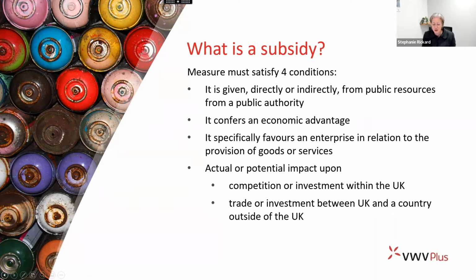Now, what's new is the competition or investment within the UK. So you can have a subsidy which impacts upon the various different parts of the UK. So that's what is a subsidy. Let's look now at what is not a subsidy.